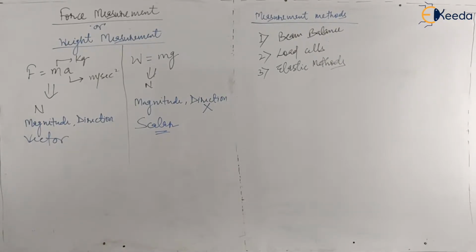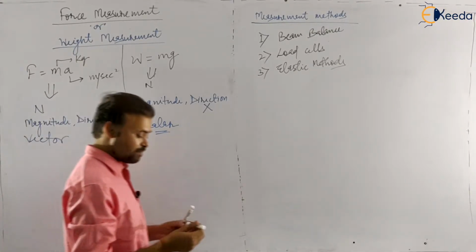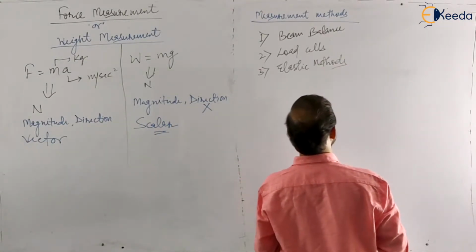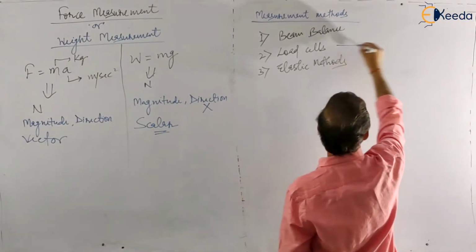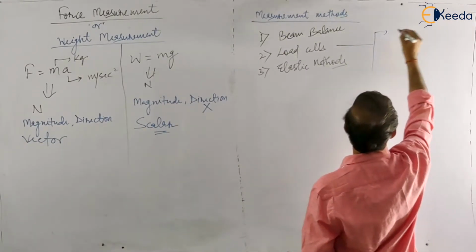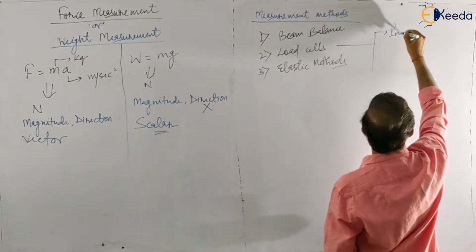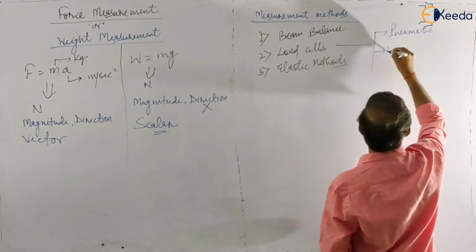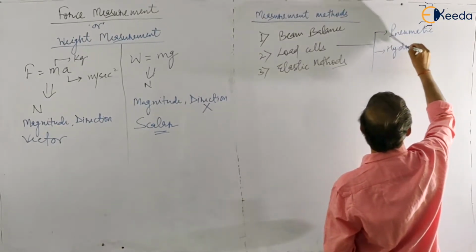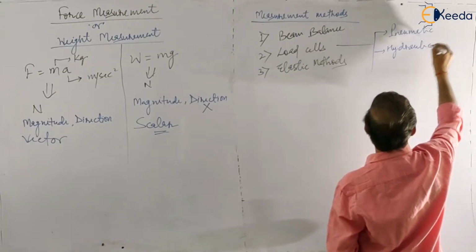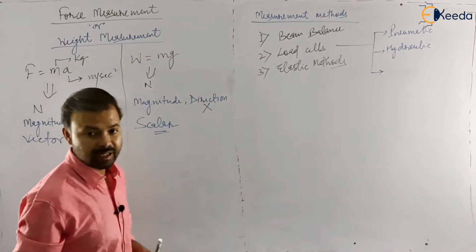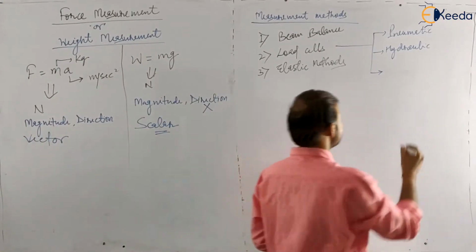Now, if you talk about load cells, there are three types of load cells: pneumatic, hydraulic and strain gauge load cell.